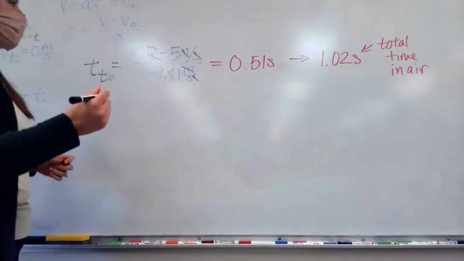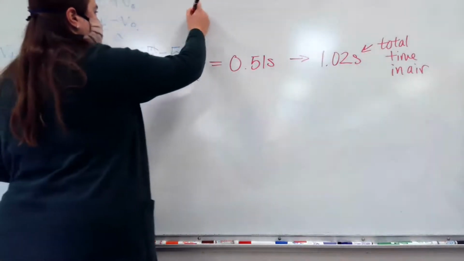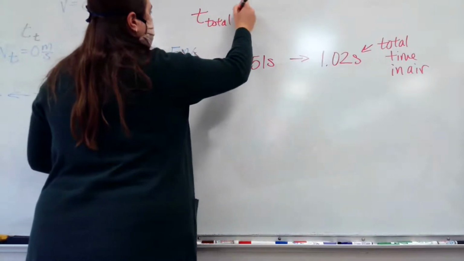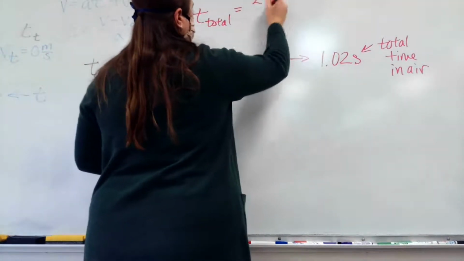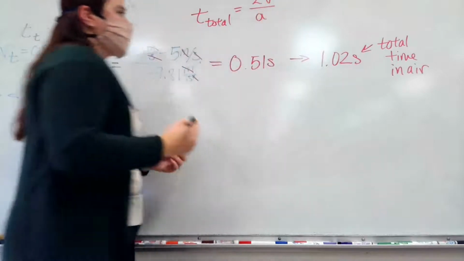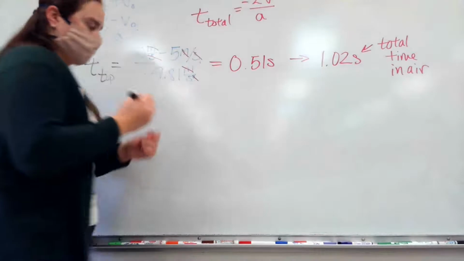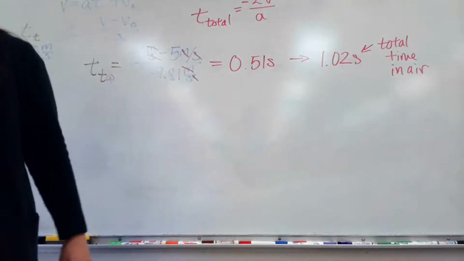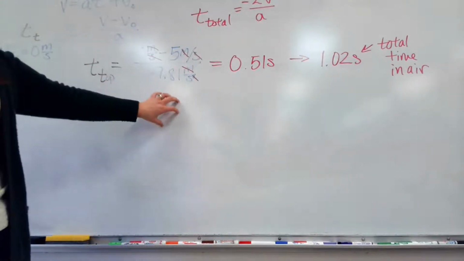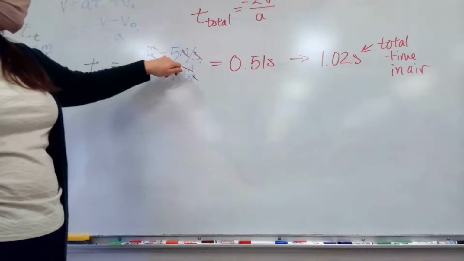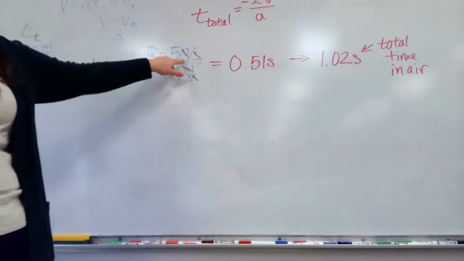Also, if we simplify this down to get the time, we can actually just say that it's 2v over a. That does actually, no, sorry, negative 2v over a. Sorry. So this is exactly what we've done here, and I kind of want to show you how that's the case, right? So here, right, we have negative v.